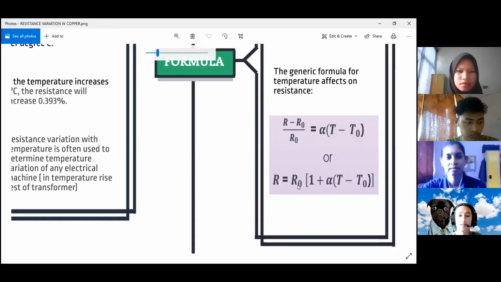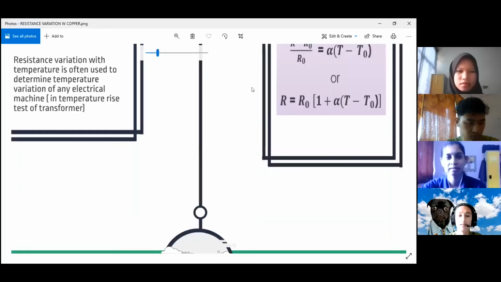T means conductor temperature in degrees Celsius, and alpha is the temperature coefficient of resistance for the conductor. And the last one, T0, means the reference temperature that alpha is specified at for the conductor material. That's all from me. Thank you.